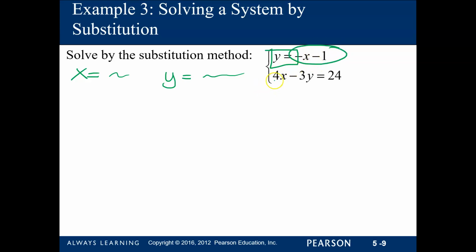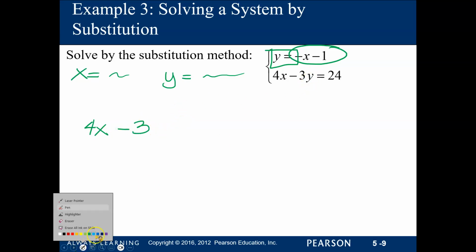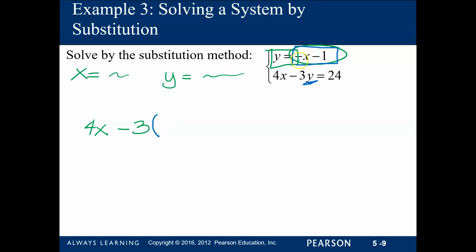So meaning, if we replace the y on this second expression, so we have originally 4x minus 3y, we can replace it by this expression. Why? Because they are equal. y equals this expression. So this variable y here, we will replace it by the first equation, which is negative x minus 1.